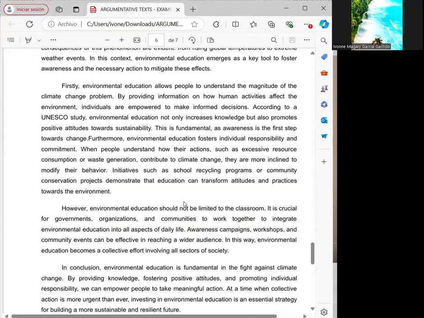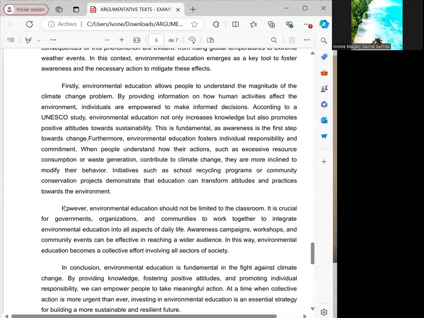However, environmental education should not be limited to the classroom. It is crucial for governments, organizations, and communities to work together to integrate environmental education into all aspects of daily life.